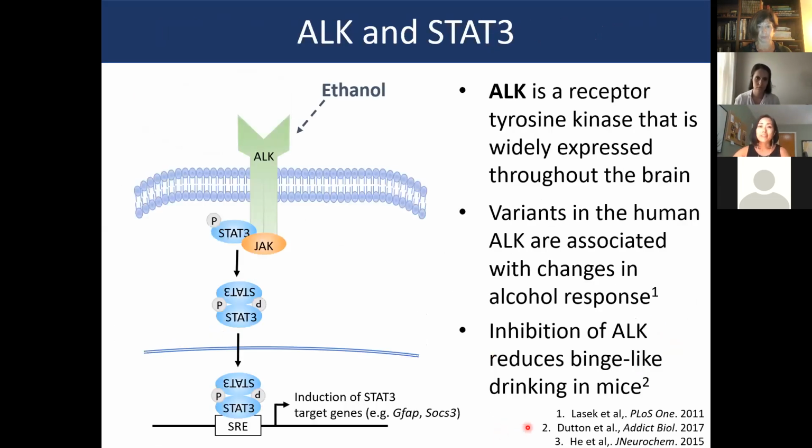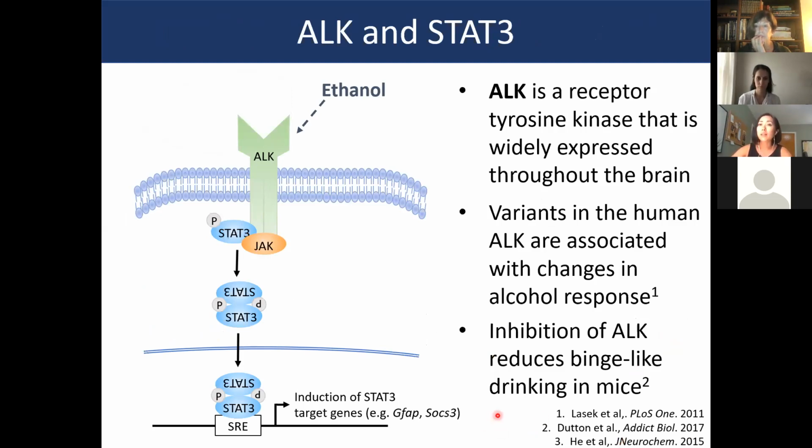One of the targets that we have been studying in the Lasek lab to understand drinking is anaplastic lymphoma kinase, or ALK. ALK is a receptor tyrosine kinase that is expressed throughout the brain. Variants in the human ALK gene are associated with changes in alcohol response, and our lab has shown that both systemic and localized inhibition of ALK reduces binge-like drinking.